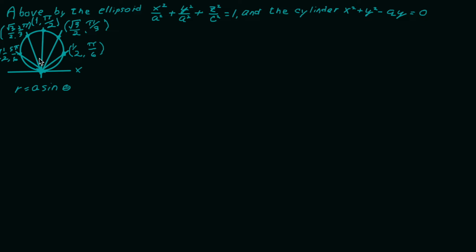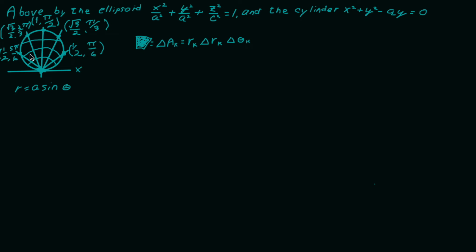To get the area of this circle, we will divide this up into a number of polar rectangles. Each one of these polar rectangles has an area of r_k delta r_k delta theta_k.